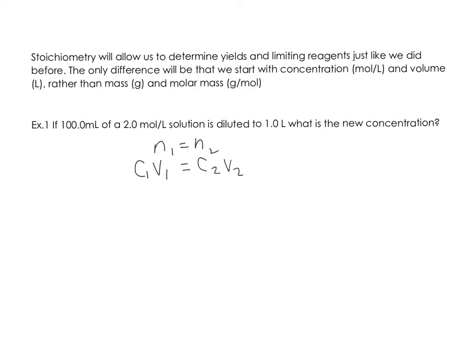Here is our volume 1, here is our concentration 1, and then this is our second volume. It doesn't really matter which ones you say are situation 1, situation 2, as long as the concentration and the volume go correctly together. So you pick 100 milliliters of the 2 mole per liter, not 1 liter of the 2 mole per liter.